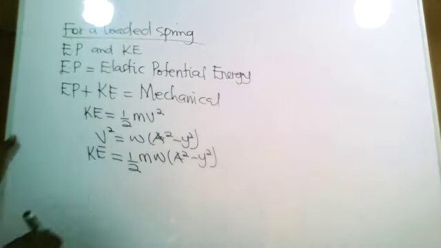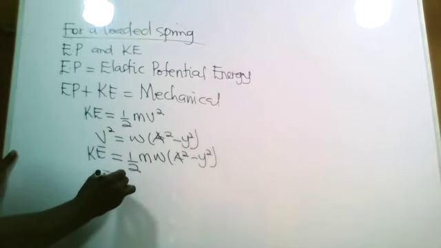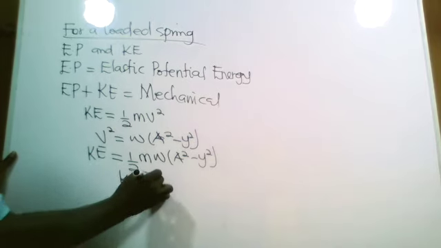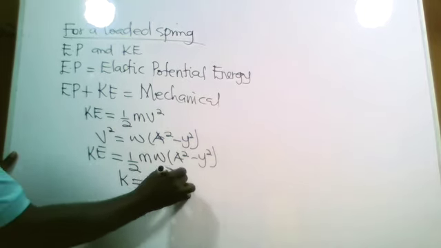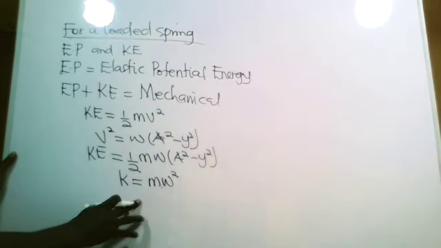If you recall, on the period of oscillation of a simple pendulum, we said that the spring constant K is equal to m omega squared. Do you remember this formula?